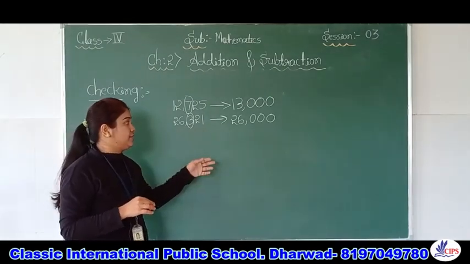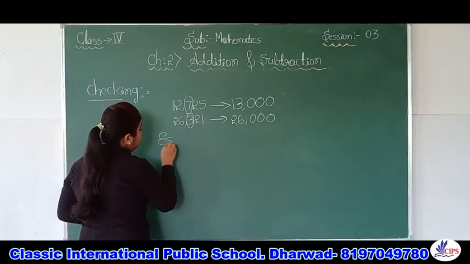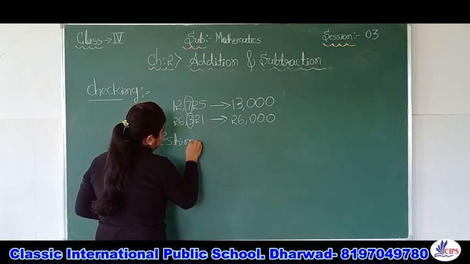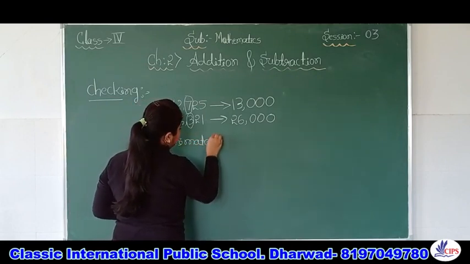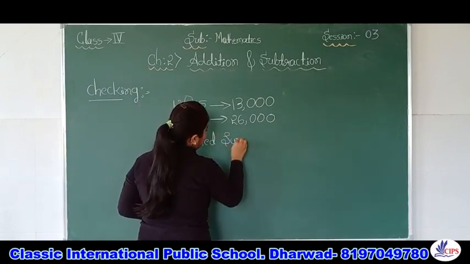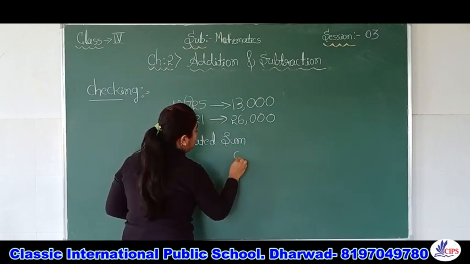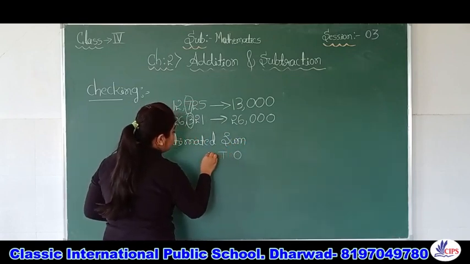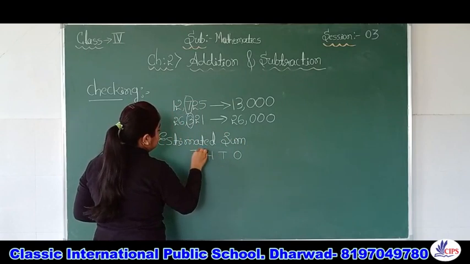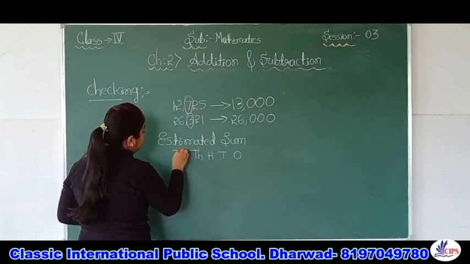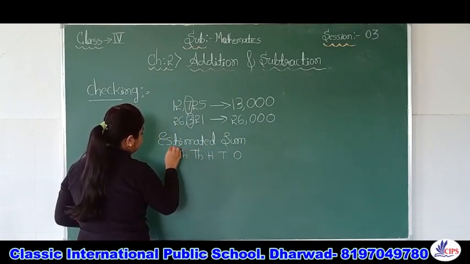So after doing this we will do the estimated sum. Here ones, tens, hundreds, thousands, 10,000 will come.